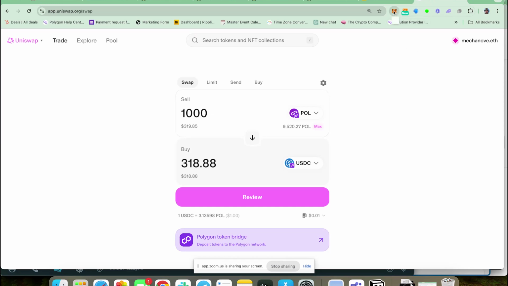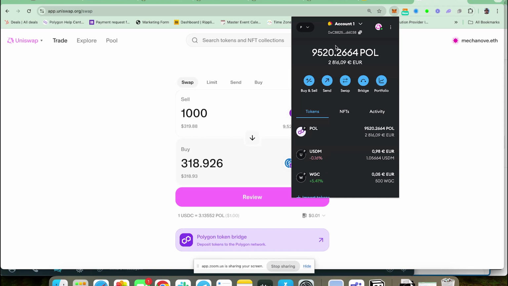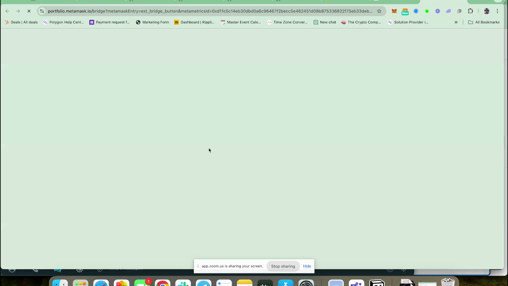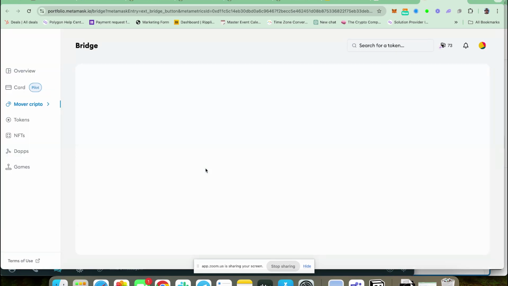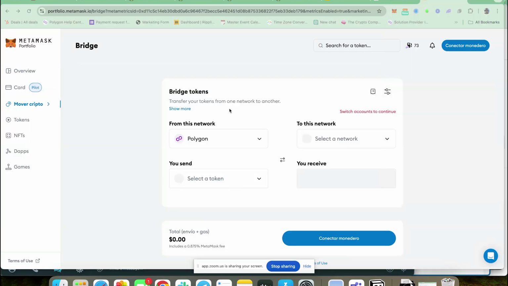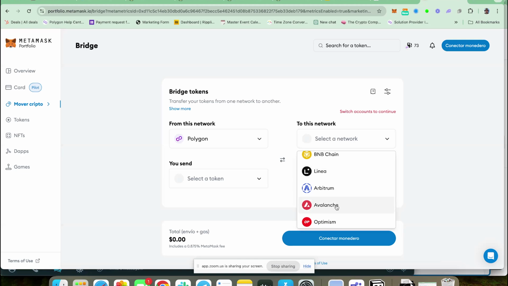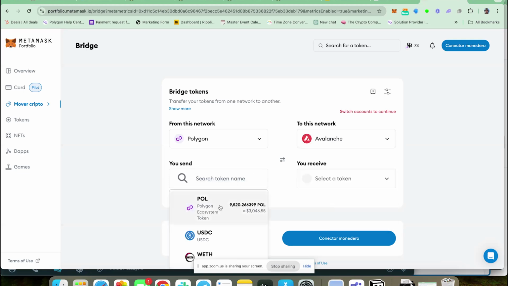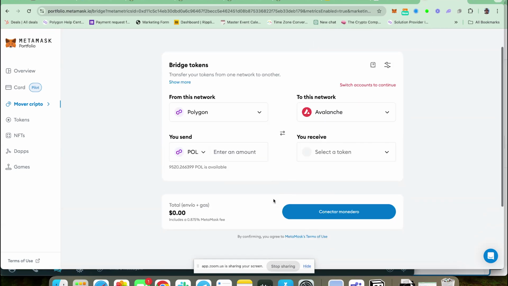For that, I can go to my MetaMask and say I want to bridge. I allow, use MetaMask. I say from this network, from Polygon to Avalanche, for instance, and I want to send Polygon.